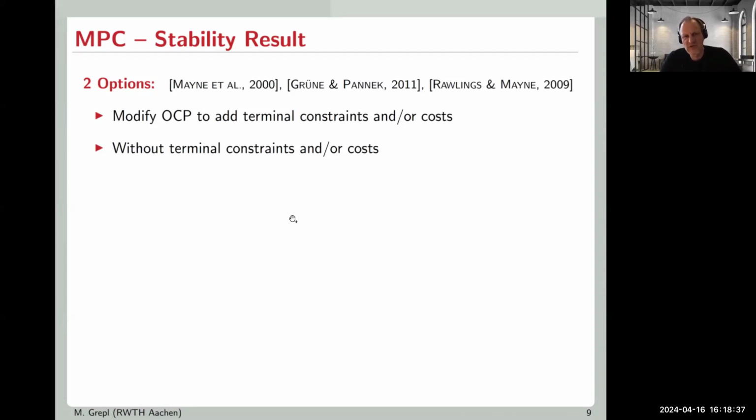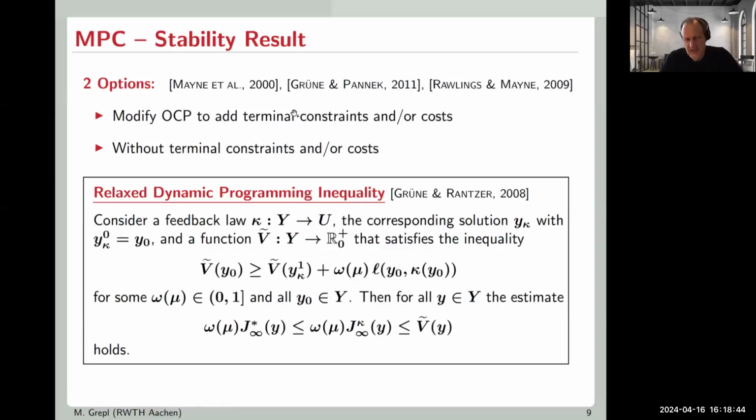So there's another option, which is not using terminal constraints and/or costs, and I will focus on this one here. The very important idea is the so-called relaxed dynamic programming inequality. Consider a feedback law kappa from Y to U, the corresponding solution y_kappa with initial condition y_kappa(0) equals y0, and a function V tilde that satisfies the following relaxed dynamic programming inequality.